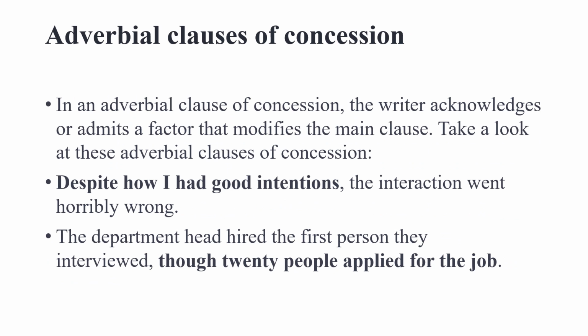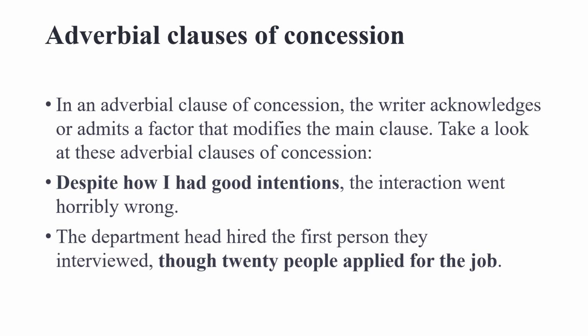Adverbial clauses of concession are another type of adverbial clause. In an adverbial clause of concession, the writer acknowledges or admits a factor that modifies the main clause. Take a look at these examples. In the first example, you can see, despite how I had good intentions, the interaction went horribly wrong.